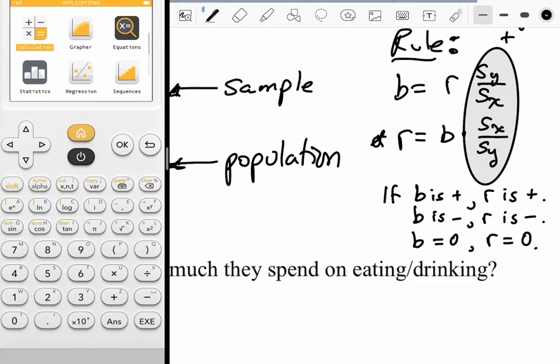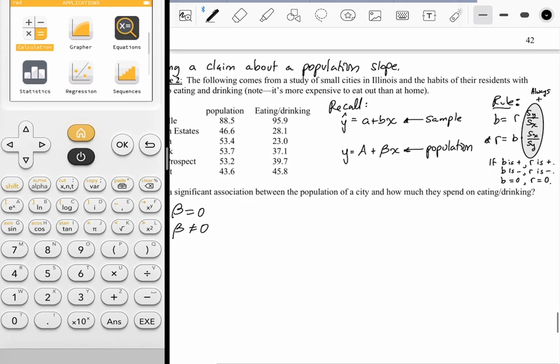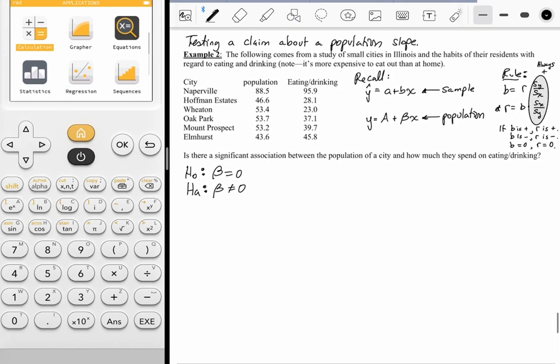That's the beauty of a proportional relationship. So, going back to my null and alternative hypotheses, if I establish that my population slope is equal to 0, then I've established that the correlation is equal to 0. And on the other hand, if I establish that the population slope is not equal to 0 and there is significance, then I can conclude that there is a significant linear correlation between the two variables. All right? And all of that is going to have to work its way into your explanation, so I'll show you how to do that in a little bit.